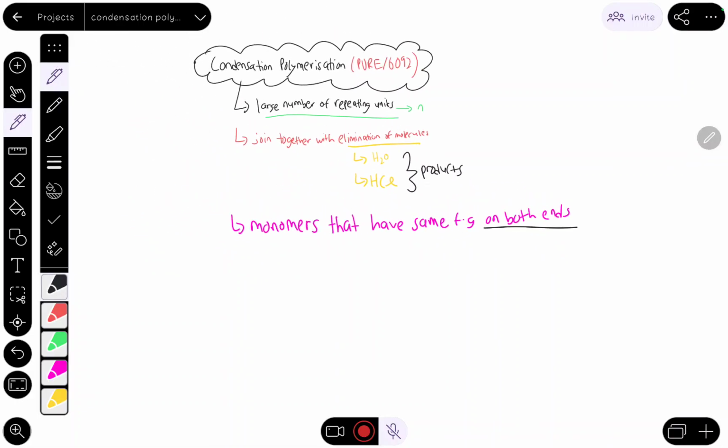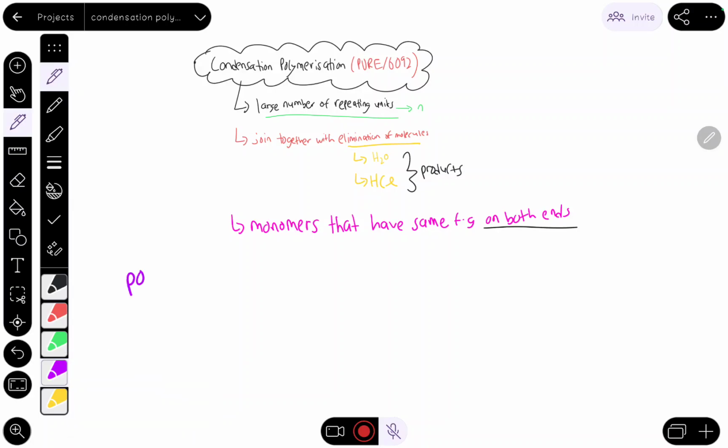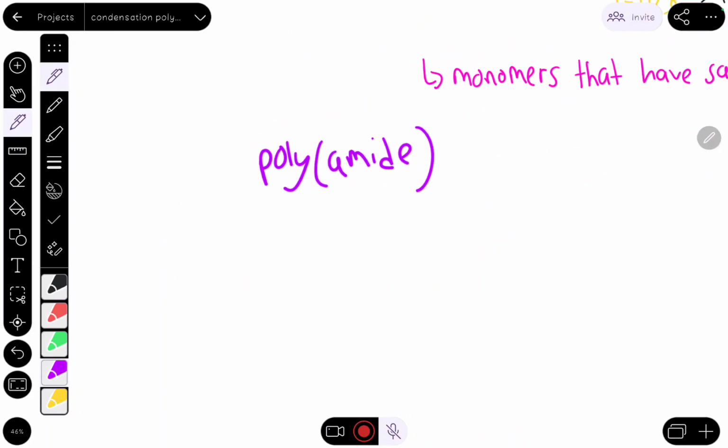This is the main part of condensation polymerization. We are going to learn about two types, polyamide and polyester. So, polyamide. What is polyamide?